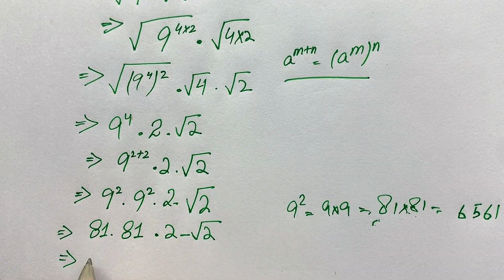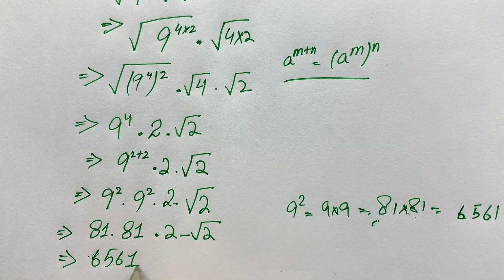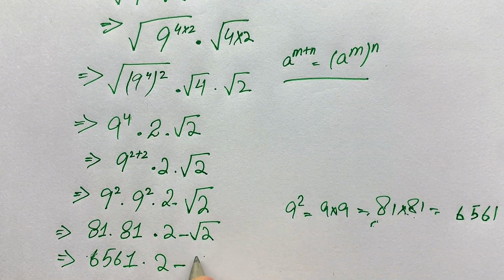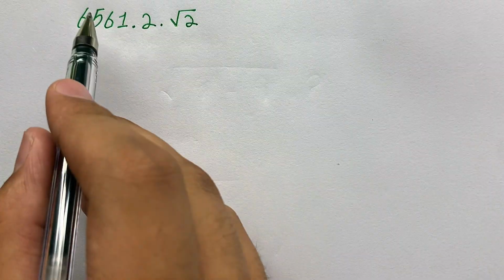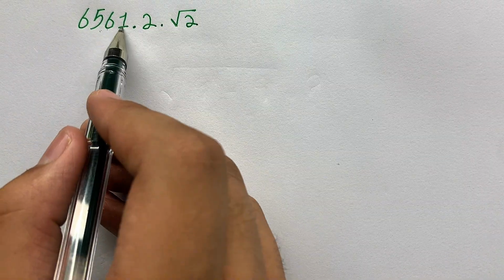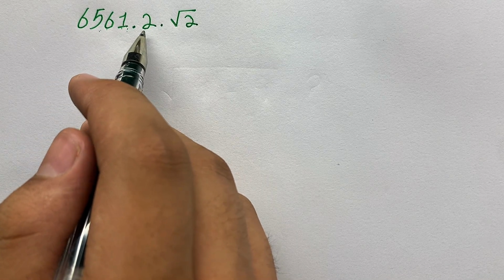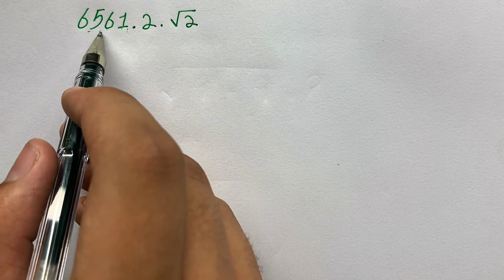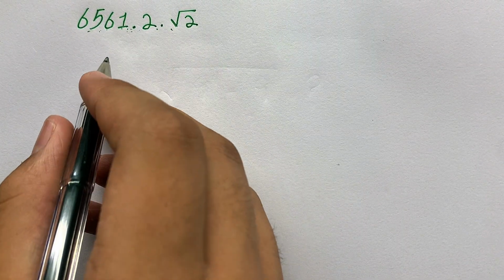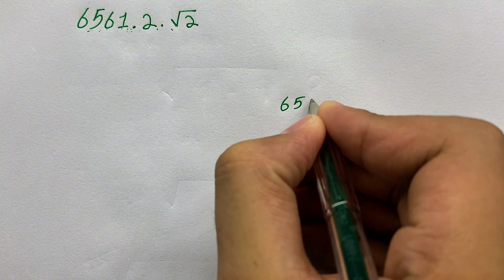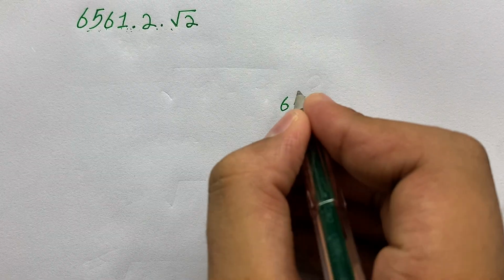Now 6561 into 2 into under the root of 2. 6561 multiplied by 2 into under the root of 2. 6561 multiplied by 2 will be 13122.